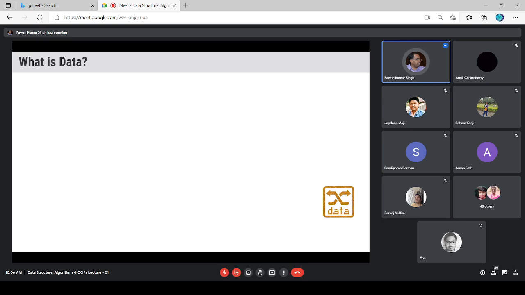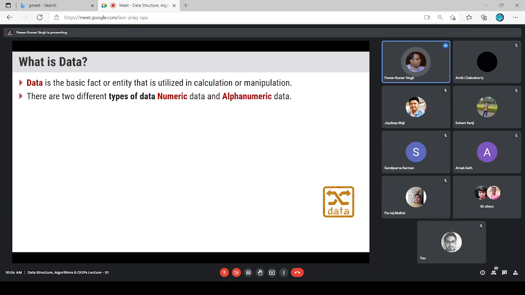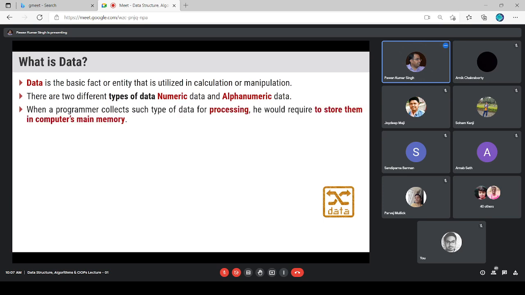Now, what is data? Data is the basic fact or entity that is utilized in calculation or manipulation. Now, there are two types of data, the numeric data and the alphanumeric data. Now, when a programmer collects this data for processing, first, what is the need?